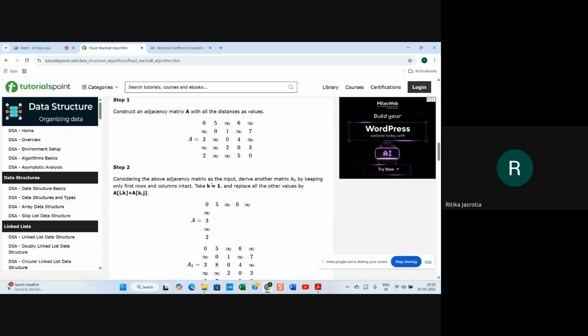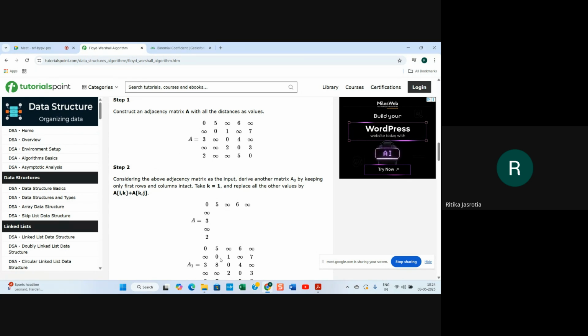If we are keeping k is equal to 1, we have to calculate aik plus akj. So 1, 1 means I is 1, j is 1, and we are keeping k also 1. So A11 plus A11, 0 plus 0 is 0 only here.